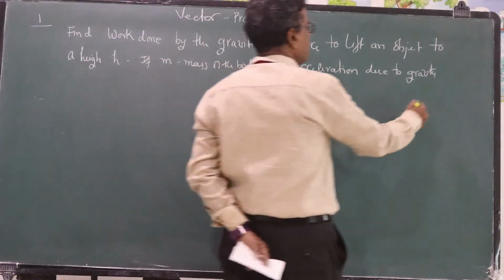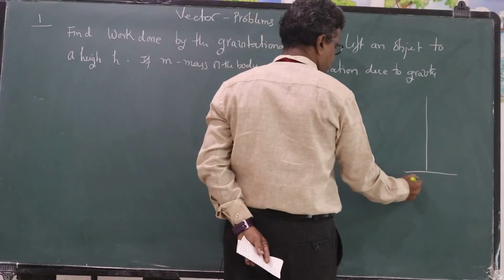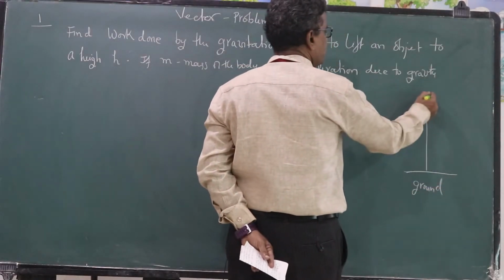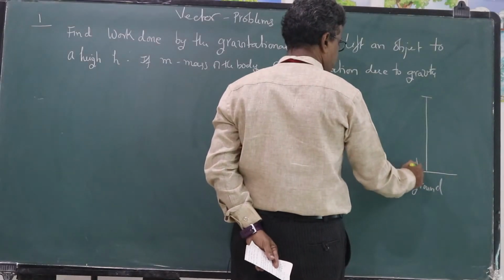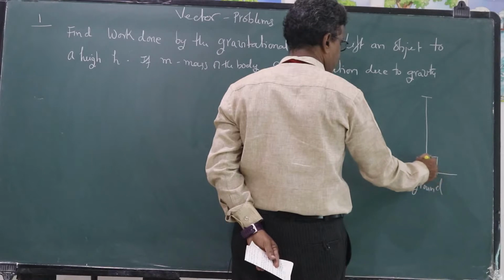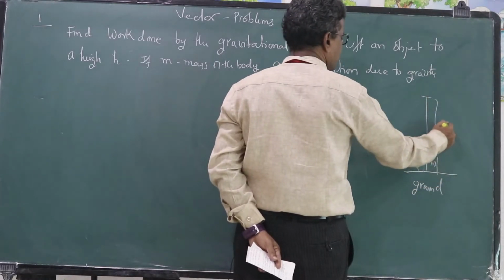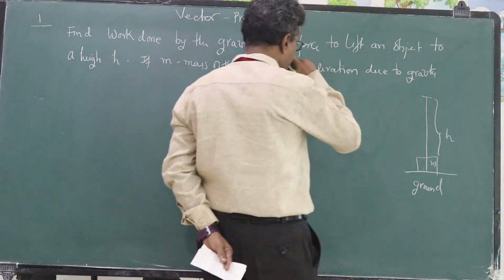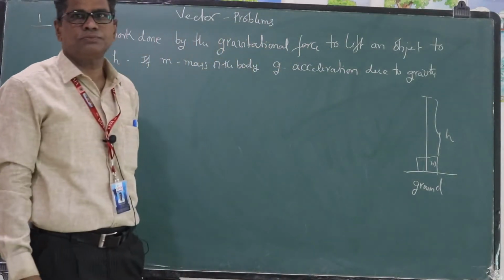So from the ground. Let this be the ground. To lift this object having the mass m, m is the mass of the body, to a height h, how much work should be done by the gravitational force?